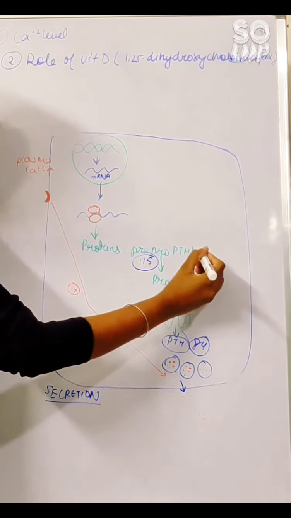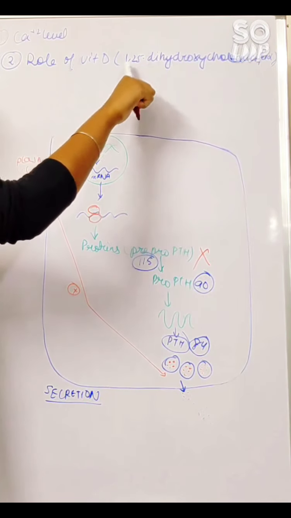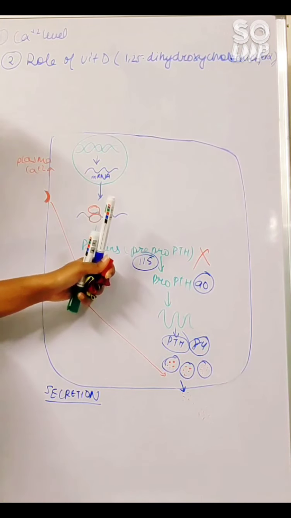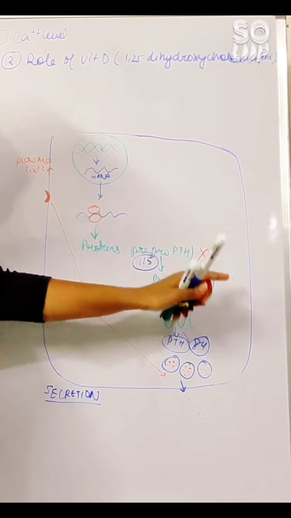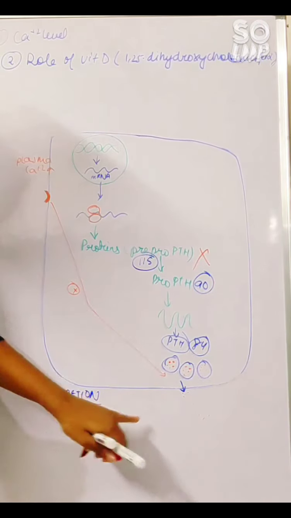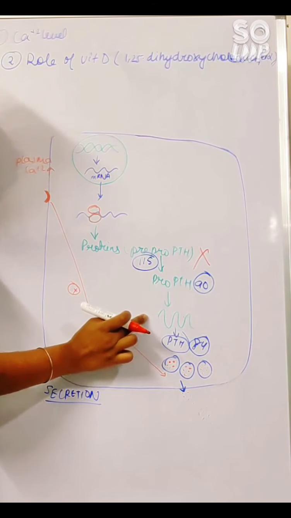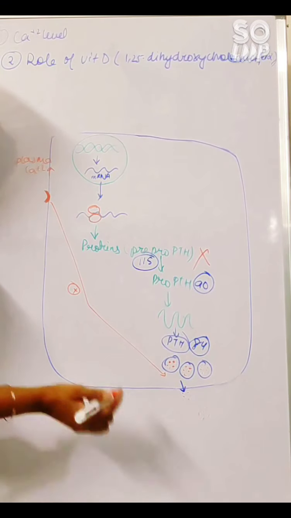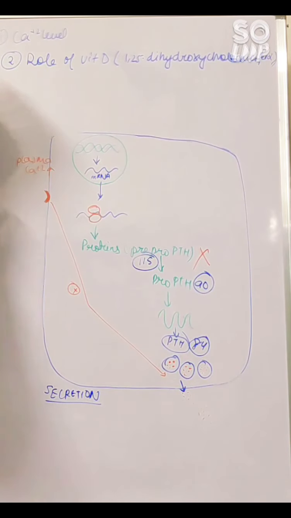This vitamin D, also called 1,25 dihydroxy cholecalciferol, will inhibit the transcription of this PTH gene to form pre-pro mRNA or pre-pro PTH, and hence this will inhibit. When this is not being formed, how will it get converted into pro PTH and then PTH, and how will the parathyroid hormone be released? It won't happen, right? So the first stage itself is inhibited by vitamin D.